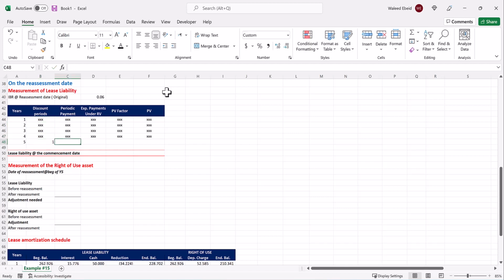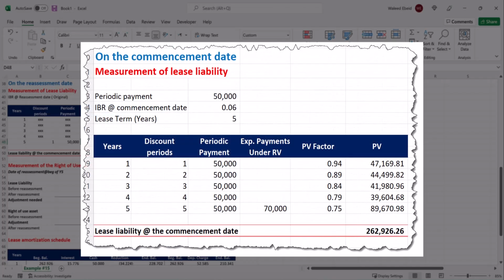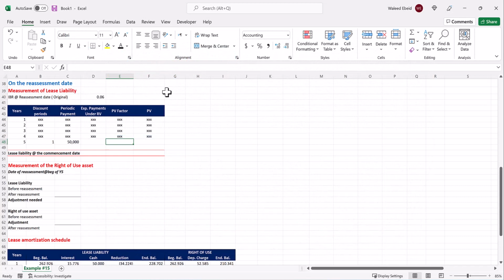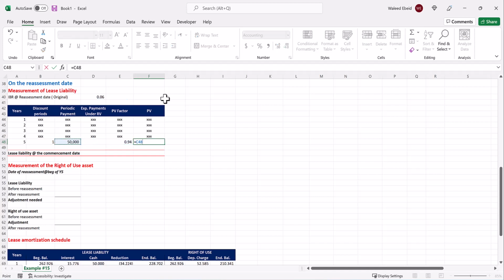The remaining lease payment is only 50,000 instead of the original payment of 120,000, because we took out 70,000, which is the amount that was expected to be paid by the lessee under residual value guarantee, and that expectation is no longer valid based on the lessee's assessment on the reassessment date. And this is the discount factor. Then the reassessed lease liability.